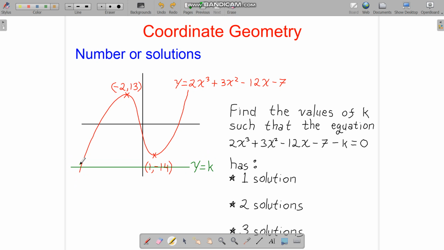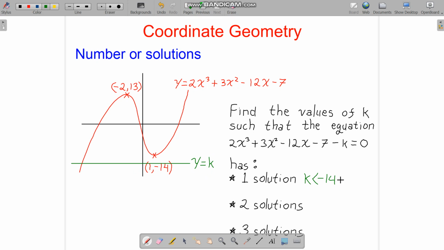So the values of k, so that we can only have one intersection or one solution, would be when k is smaller than minus 14, because when k is smaller than minus 14, you see we have one intersection, meaning we have one solution for this equation.